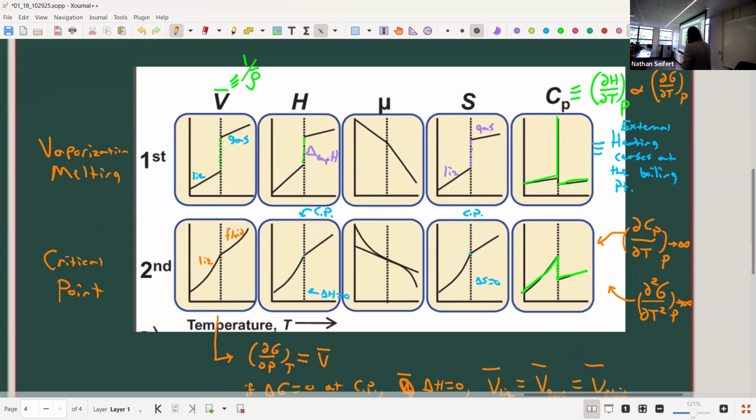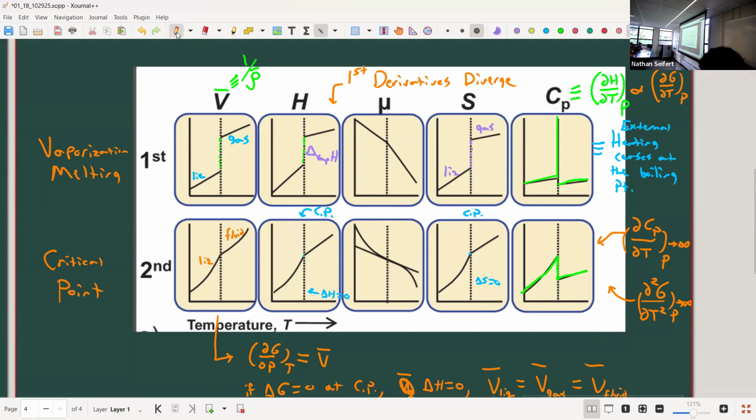So in a first order phase transition, the derivatives of the free energy diverge. So here, first derivatives diverge. And here, second derivatives.